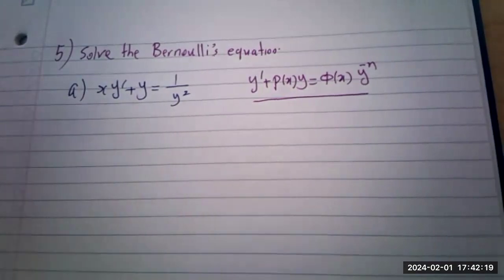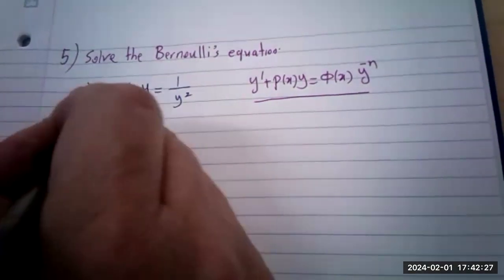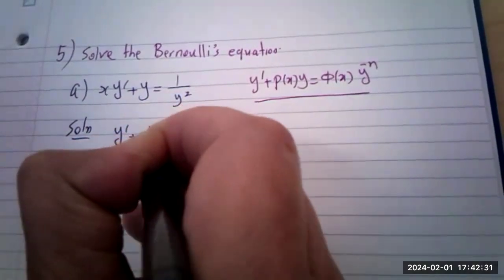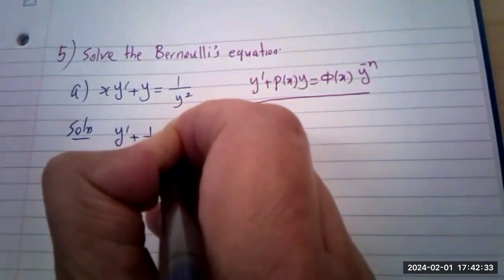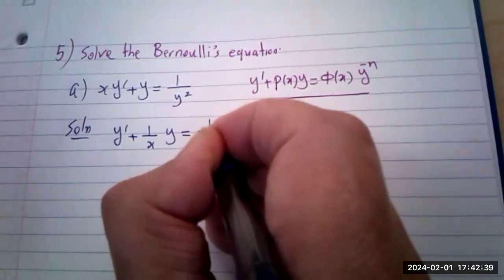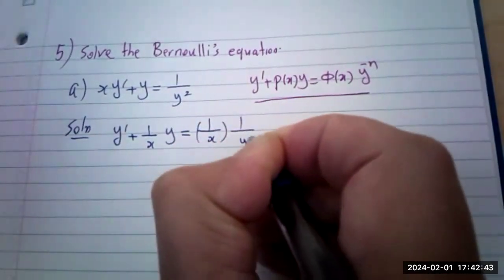Make sure you always write it down in the standard form; normalize the coefficient. So we divide by x first: y prime plus 1 over x times y equals 1 over x times 1 over y squared.